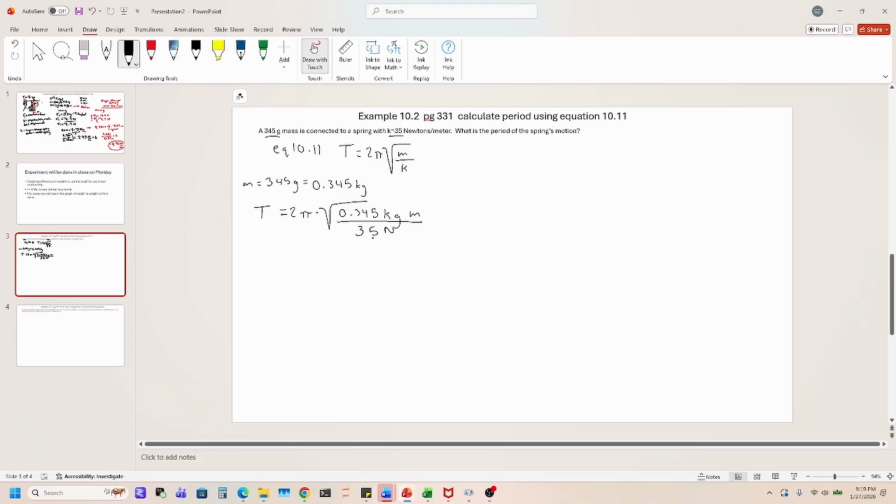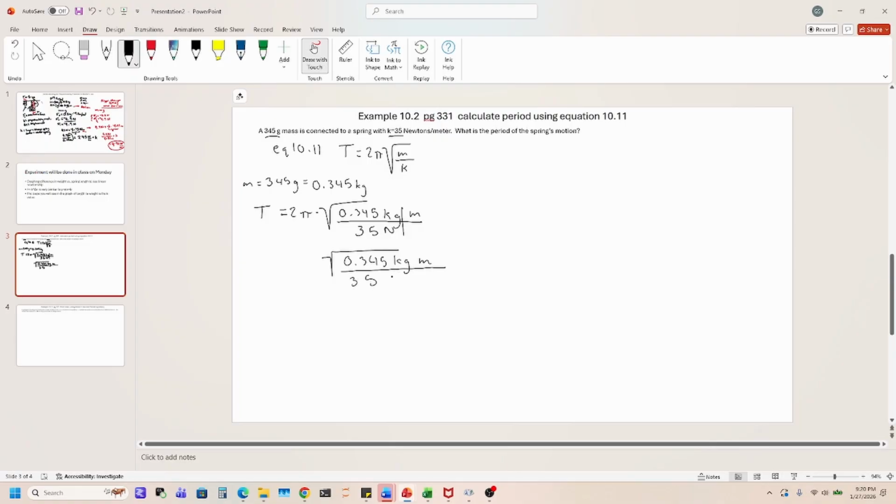Okay, so it's divided by 35 newtons per meter. So I flipped the newtons per meter, because when you're dividing by something, it ends up going into the numerator. So that's how it got up here. So if I was to just start getting things ready to cancel, 0.345 kilograms, and then 35.